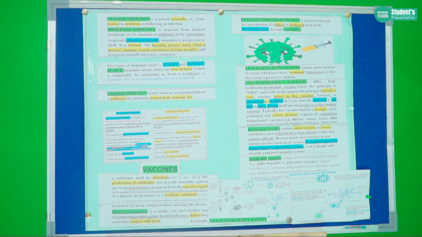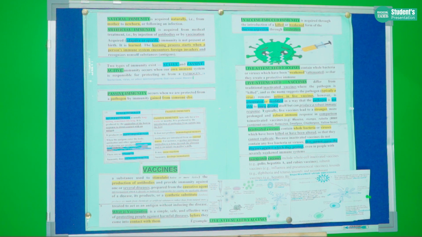So this immunity is not present at birth. This kind of immunity, कि जैसे term जो use हो रहा है acquired, मतलब किसी चीज को हमने एक्वायर्ड किया, तो ये ऐसी इम्यूनिटी है जो हम एक्वायर्ड करते हैं, ये बाय बर्थ प्रेजेंट नहीं होती है हमारी बॉडी में. It is learned, हमारी बॉडी इसको सीखती है धीरे धीरे.